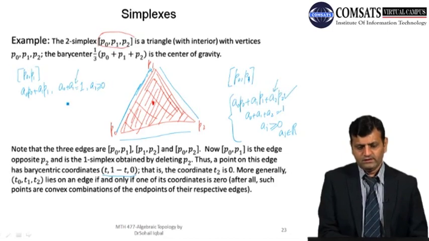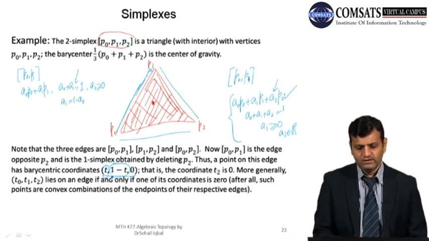This expression says that A1 is equal to 1 minus A0. So if A0 is t, then A1 is 1 minus t. A0 is a dummy variable, so I can replace it with t. That is, the coordinate t2 is 0, and of course in this expression there is no coefficient of P2.